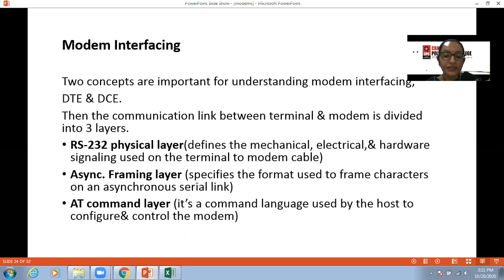From the point of view of the standard, the modem is known as data communication equipment, which we already told you is a DCE, and the digital equipment to be connected to the modem is known as a DTE, that is data terminal equipment.